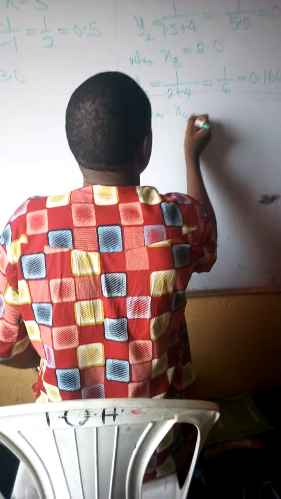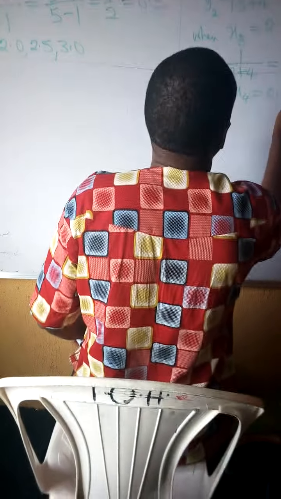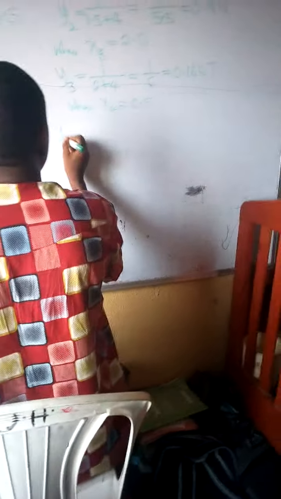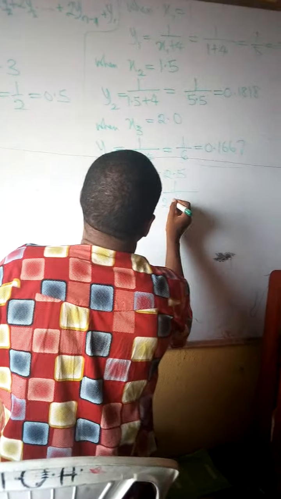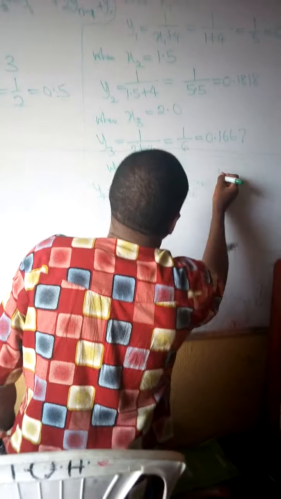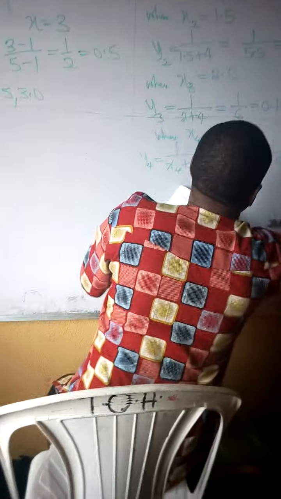When x equals 2.5, y4, that's 1 over x4 plus 4, and that's 1 over 2.5 plus 4, 1 over 6.5, and that is 0.1538.